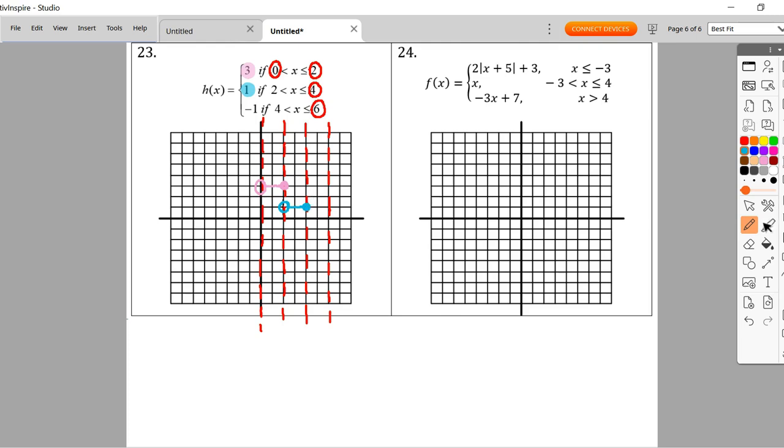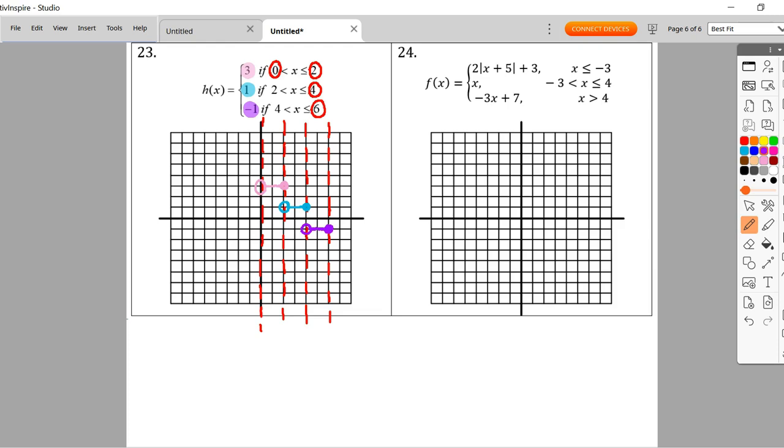And then the last horizontal line is going to be -1. That happens between 4 and 6. Open circle at 4, since it says 4 is less than x, but less than or equal to 6. So the equal to by 6 in our inequality statement, we put that filled circle.